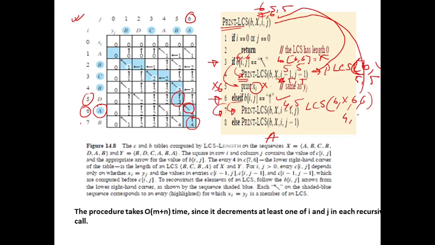So the 4, 5 call will be there. 4, 5 means again a diagonal arrow, so you print B. And then again you have this, C will be there. And then finally you will have B. And then it will start returning. So it will return from here: B, C, B, A.